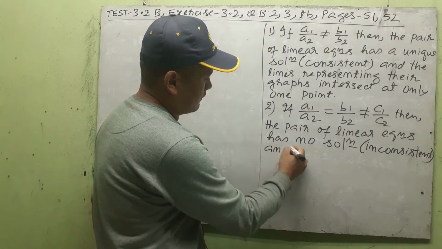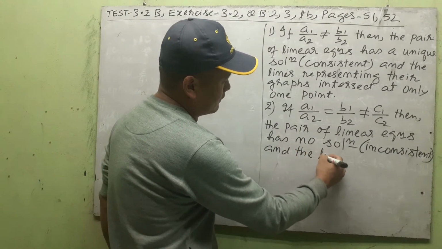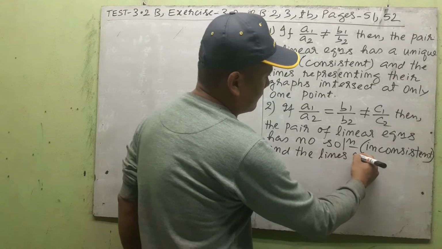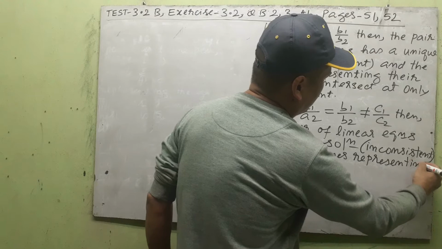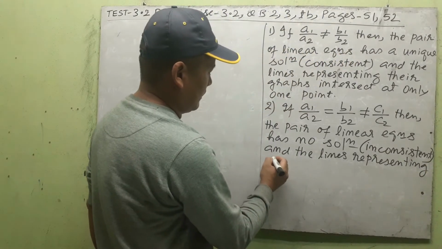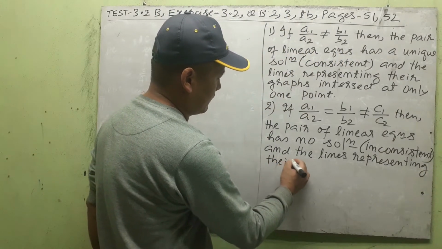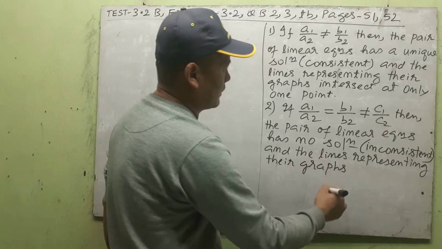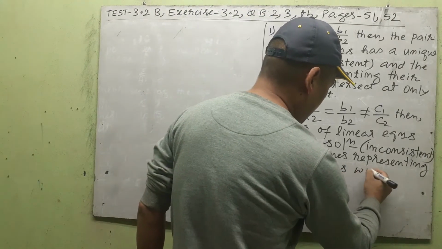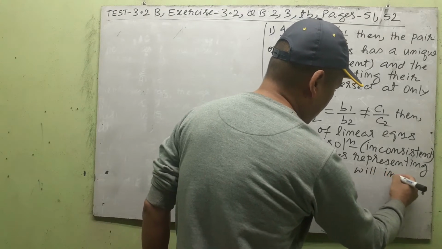And the lines representing their graphs, means the graph of these two linear equations, their graphs will intersect.